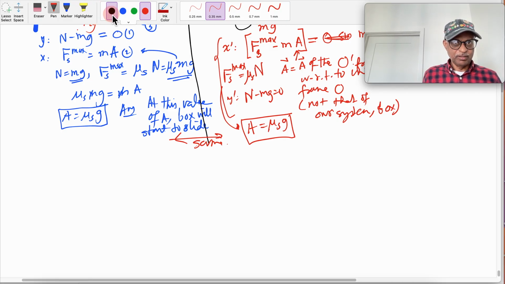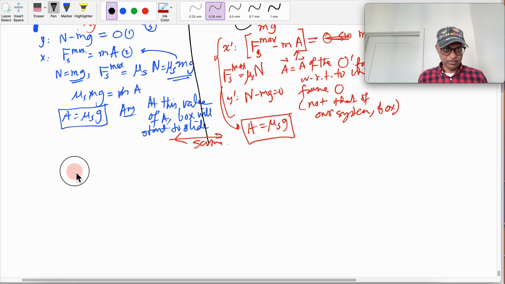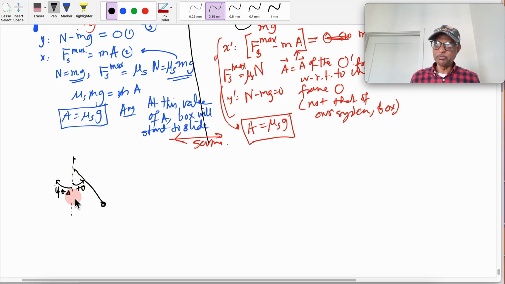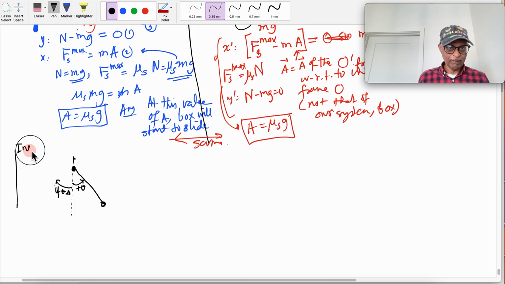So I'm going to redraw it. I'm going to draw it like this. This side will be positive theta. If theta is positive, it's this side; if theta is less than 0, it's going to come out. To start with, positive is our picture. This is where it's fixed, but I'm going to use an inertial frame.